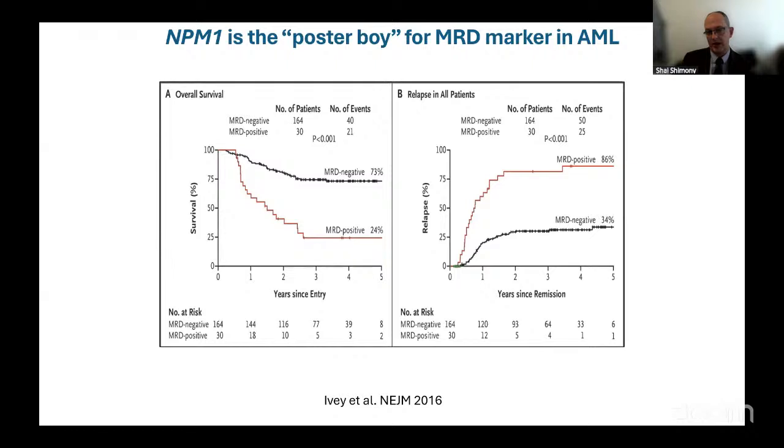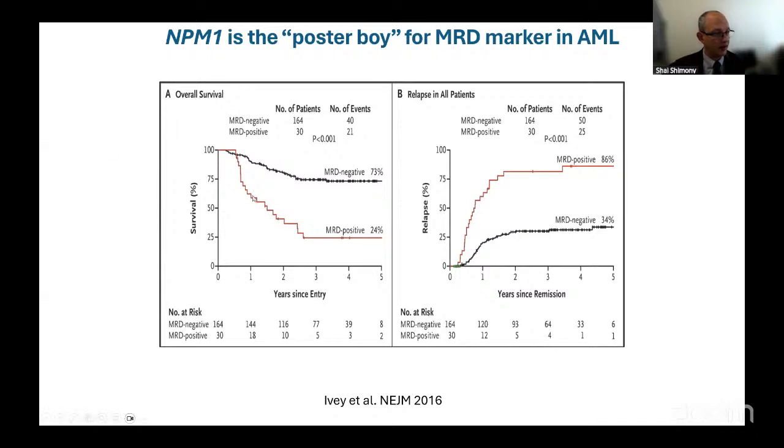In 2016, Ivy and his colleagues showed that if a person has NPM1 negative disease, or MRD negative disease measured by NPM1, because NPM1 is easy to measure, this is a good indicator for survival.